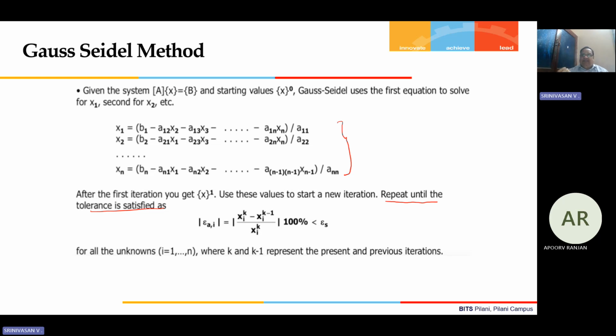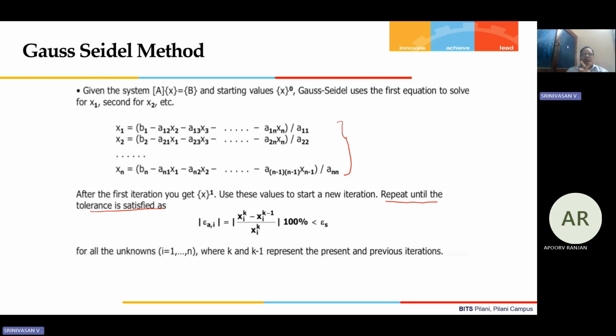So less than epsilon means actually tending towards zero. In practice, you will get a very small quantity like 0.00001, something like that, for all the unknowns, i equal to 1 to n, where k and k minus 1 represent the present and the previous iteration. Then you stop repeating the iterations.